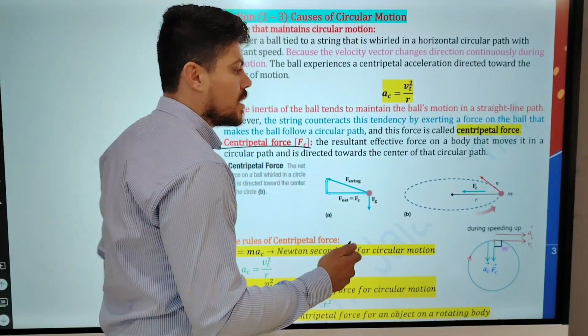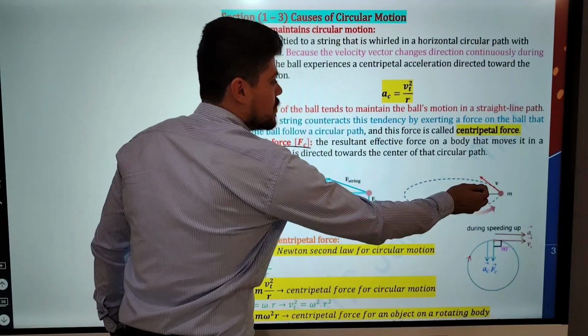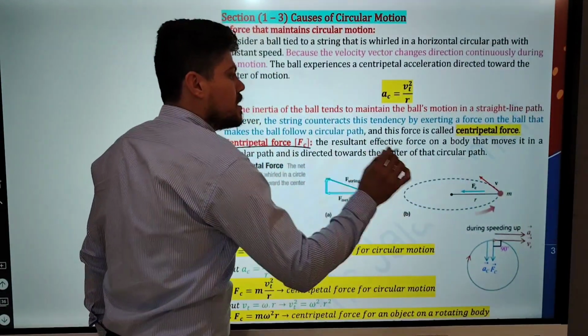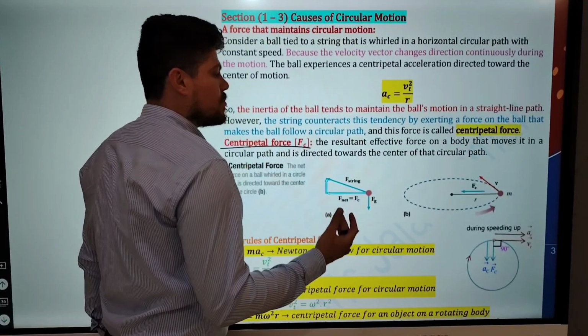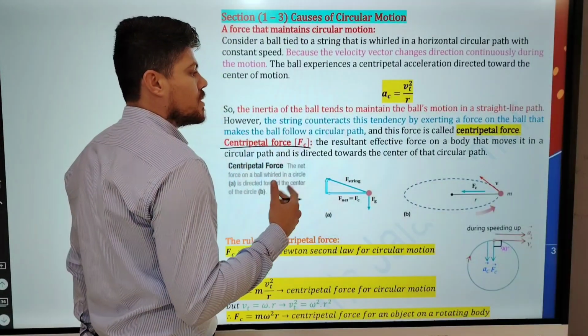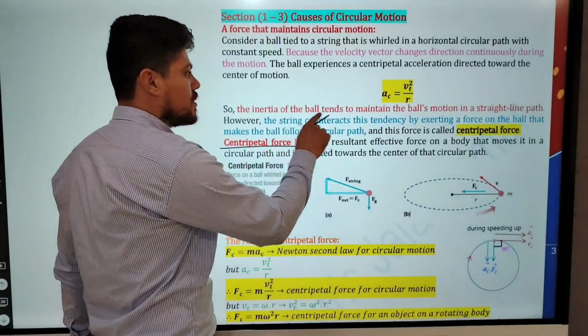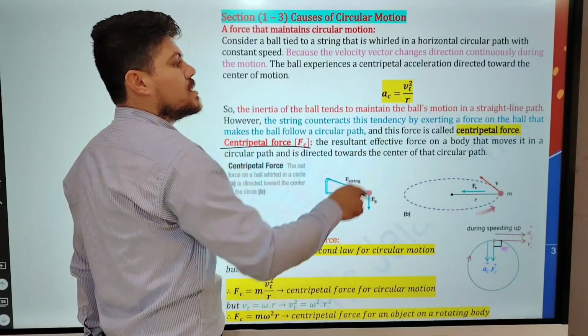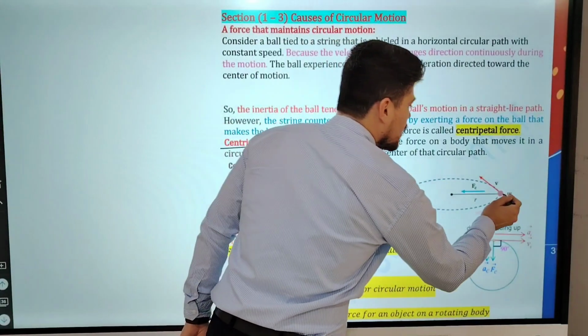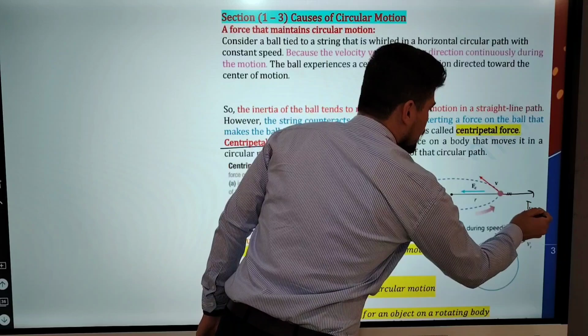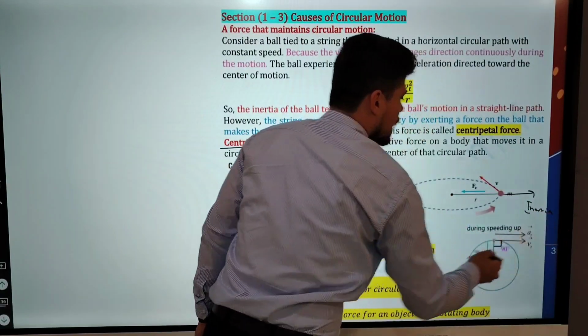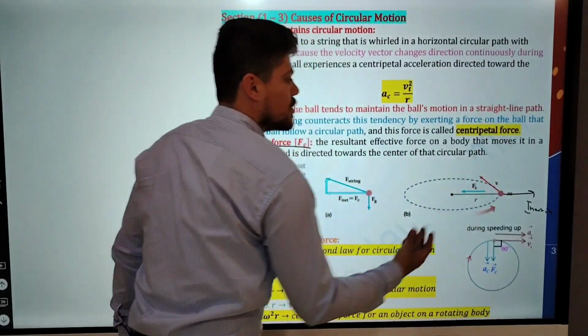But at the same time, the inertia of the ball tends to do what? Maintain the ball's motion in a straight path. This is inertia that causes the object to move in a straight line.